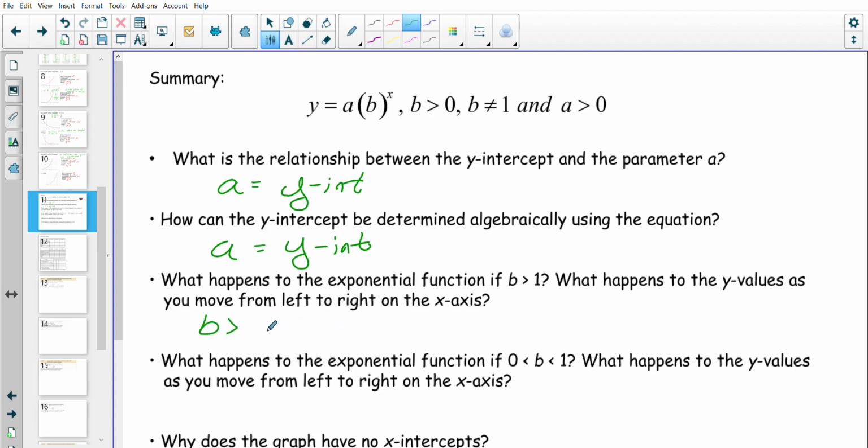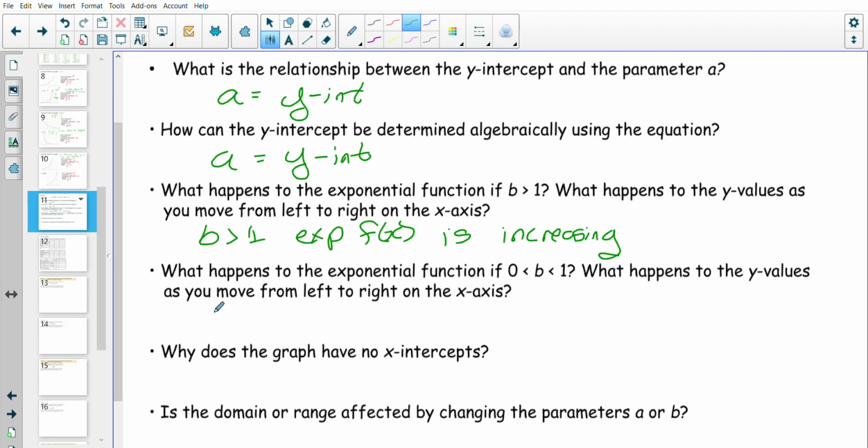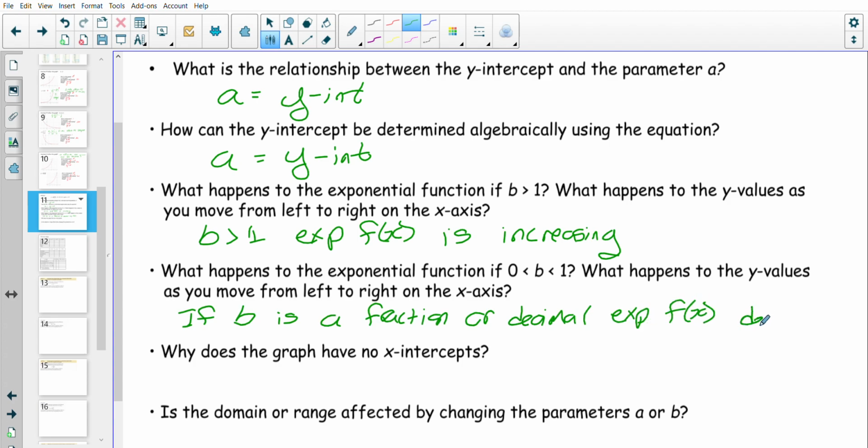When b is greater than 1, the exponential function is increasing. If b is a fraction or a decimal, our exponential function will be decreasing.